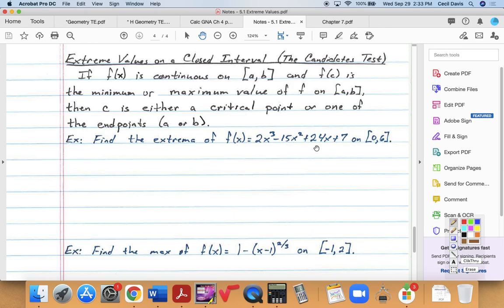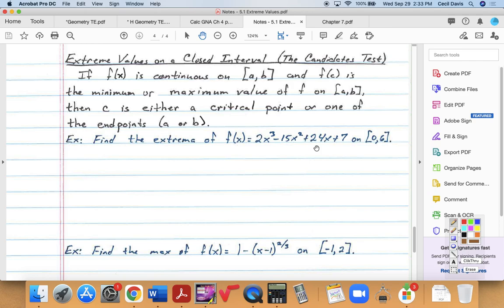And what it says is that if f of x is continuous on the closed interval from a to b, let's stop there. If it's continuous on the closed interval from a to b, what are we guaranteed is going to happen? It's going to have a minimum and it's going to have a maximum. That's the extreme value theorem.